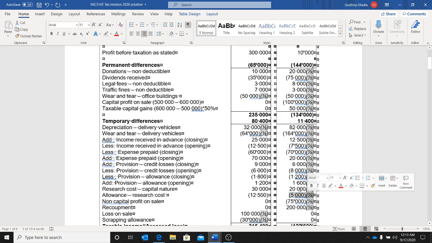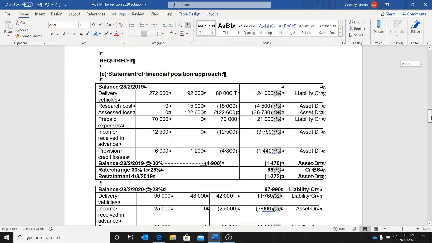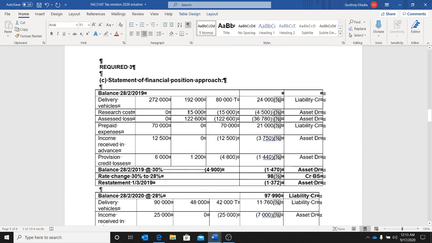Now let's agree that if I've got 20, but I'm only allowed by the receiver 5, the receiver still needs to allow me another 15. From that 20, he's only allowed me 5, so there's another 15 that he must still allow me in that 2019 period. So you'll see here is then the 15 that he must still allow you. From 20, you are allowed 5, then the 15 remains.